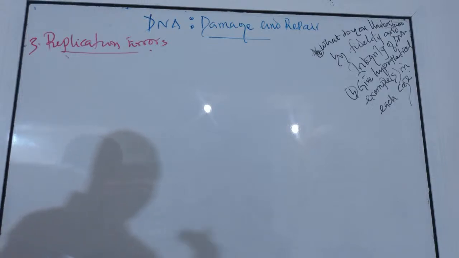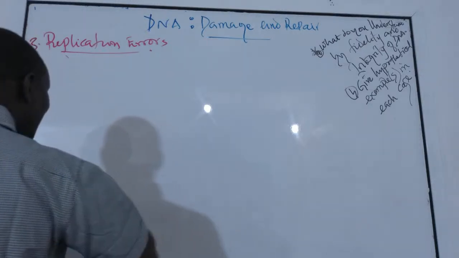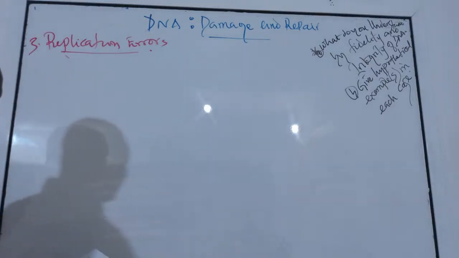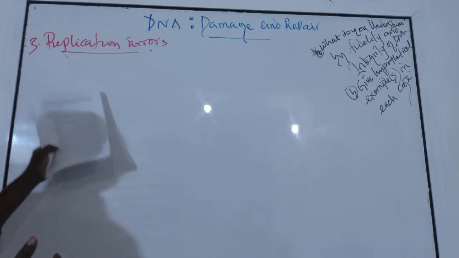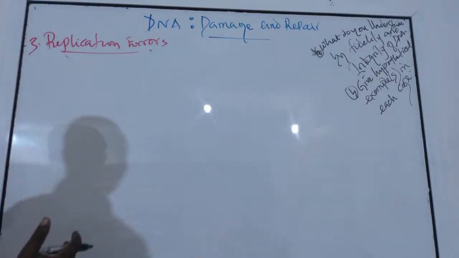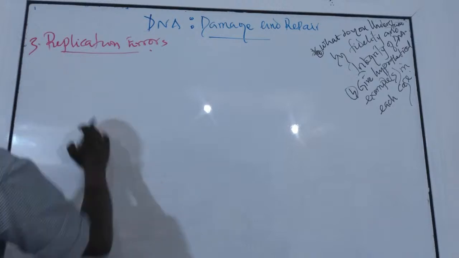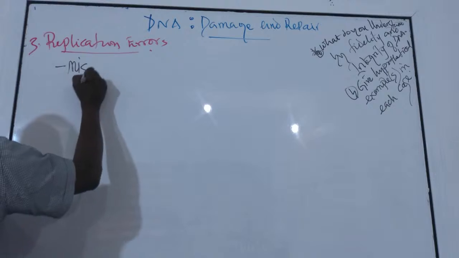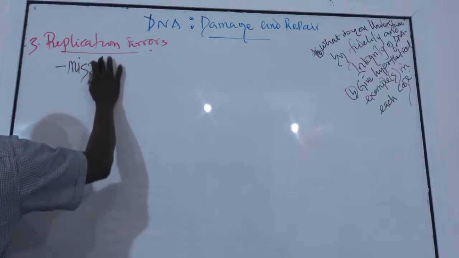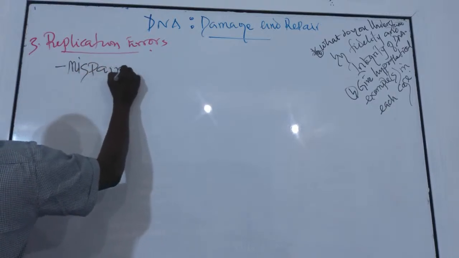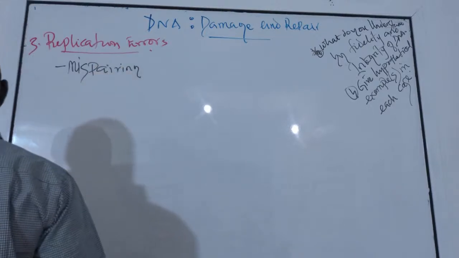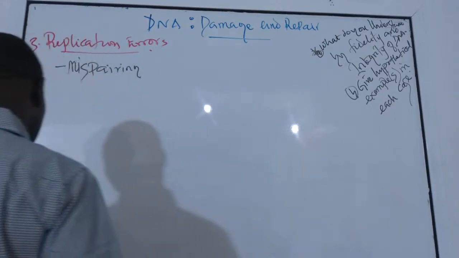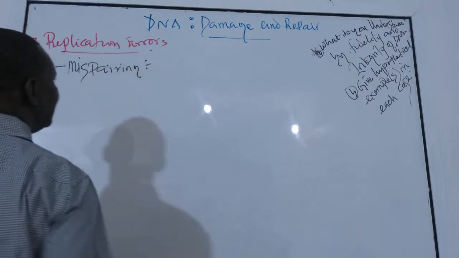So DNA is also very subject to making errors. Okay, so the first error we notice is called mispairing, the error of mispairing.